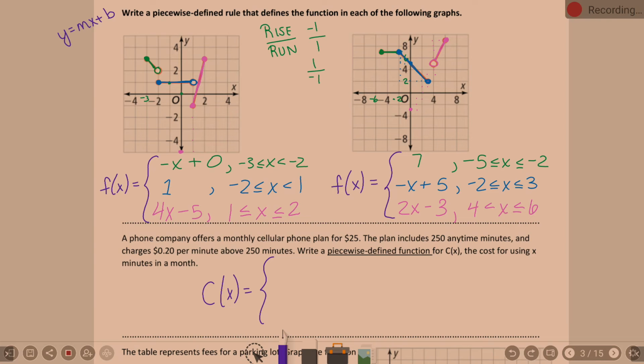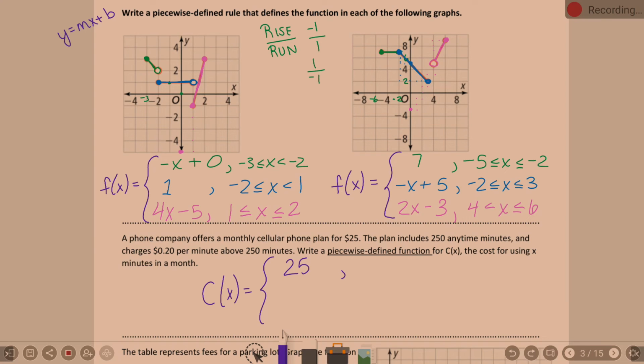Okay. So, first option is that your phone plan costs you $25, just a flat $25, right? And during that time frame, you get up to 250 minutes. So one of my pieces here is going to be just C of x equals 25, because we're writing an equation for the cost. So at some points, the cost is 25, flat out 25.